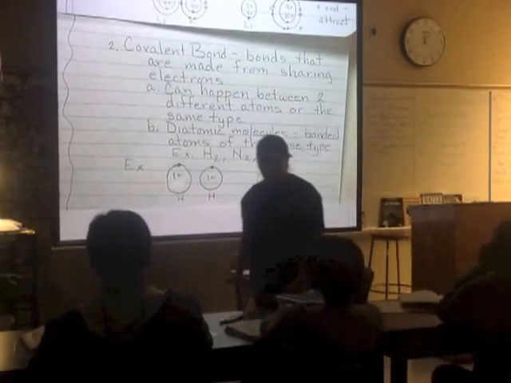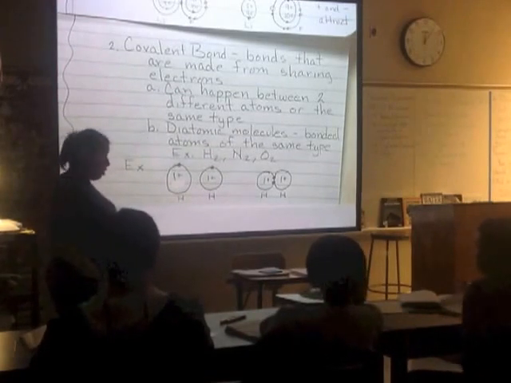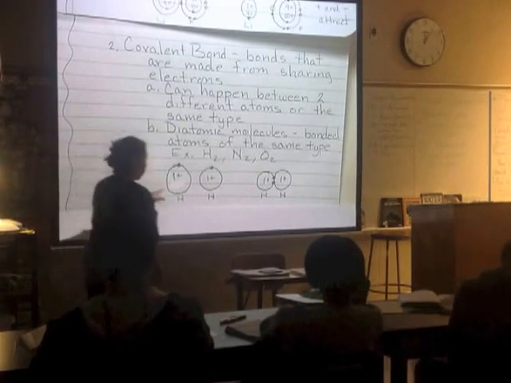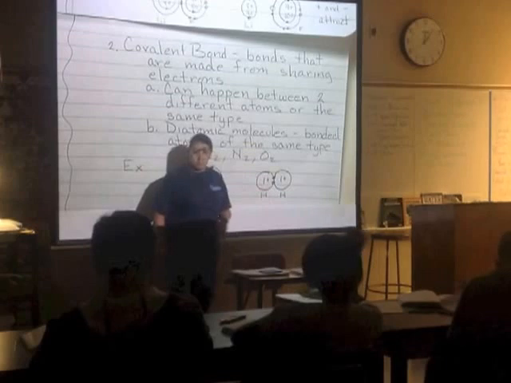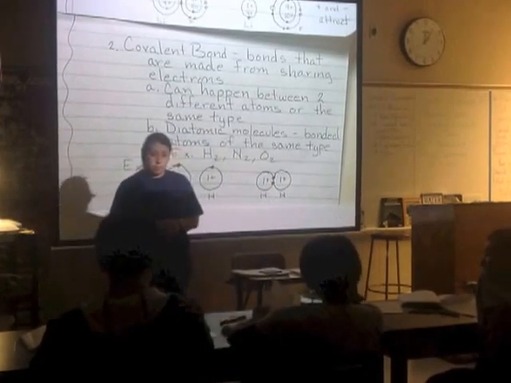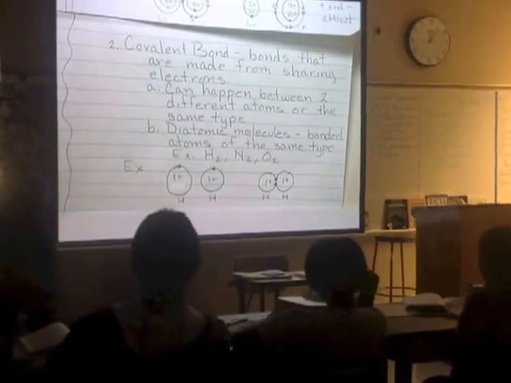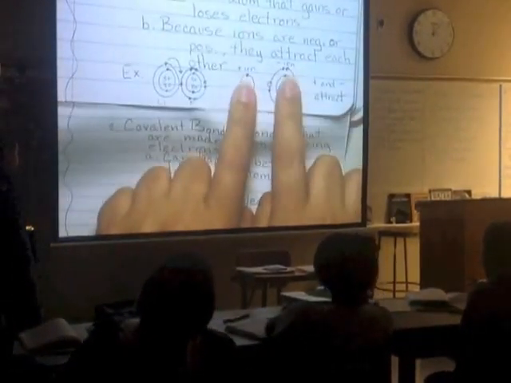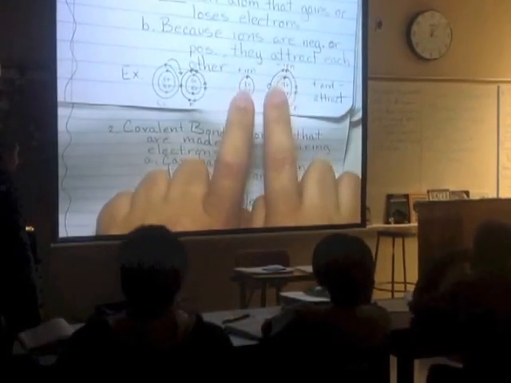So the ionic bonds, they're not connected or something? They are connected, but they're connected because of positive and negative. These are connected because the two electrons have to stay together. What I did here is I want you to know that the reason these are bonded is because the positive and negative are attracted to each other.